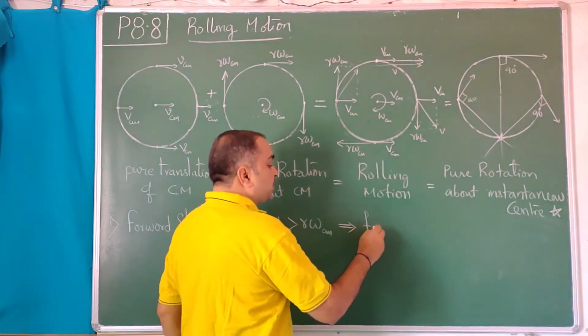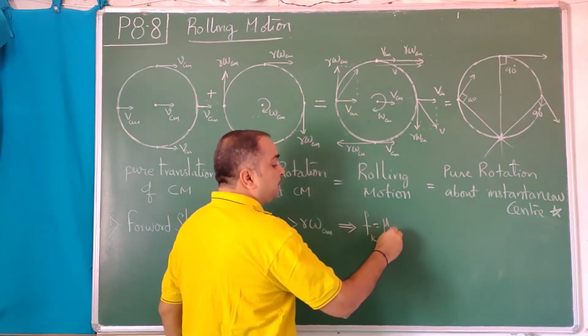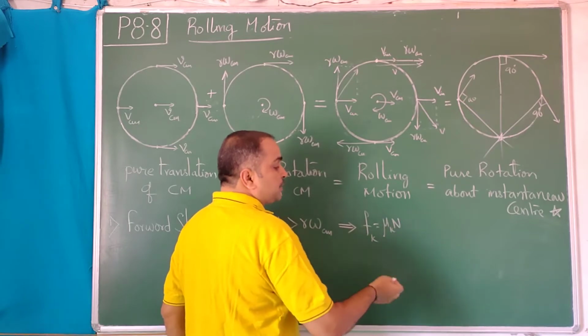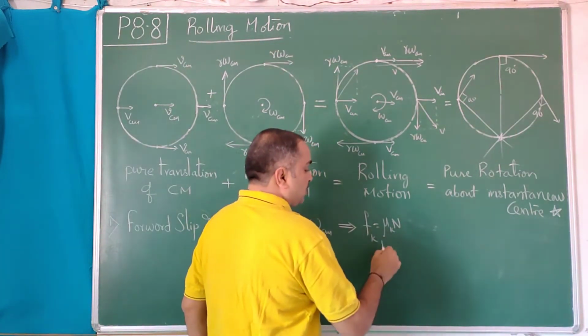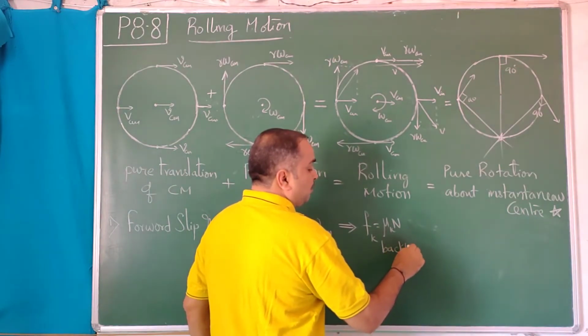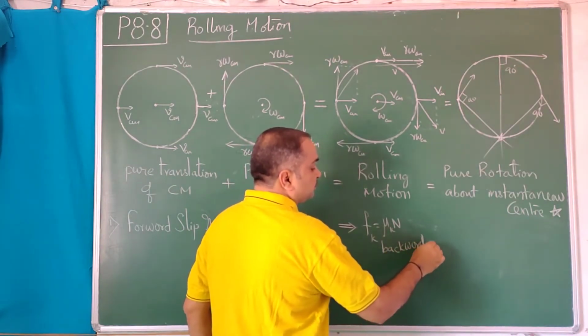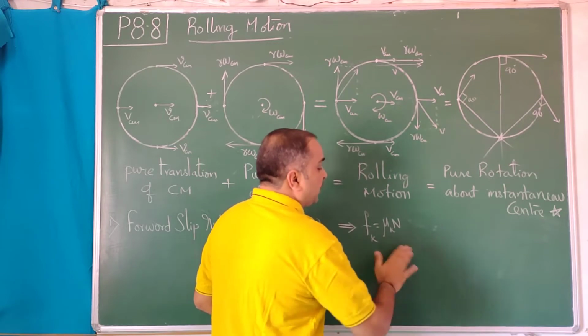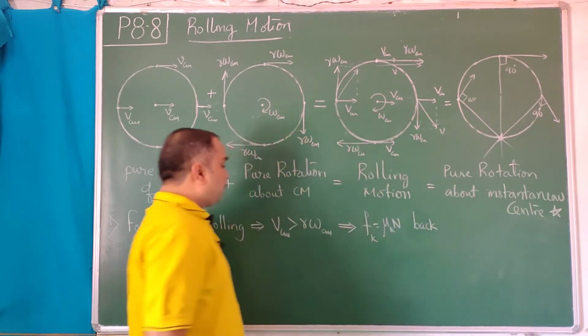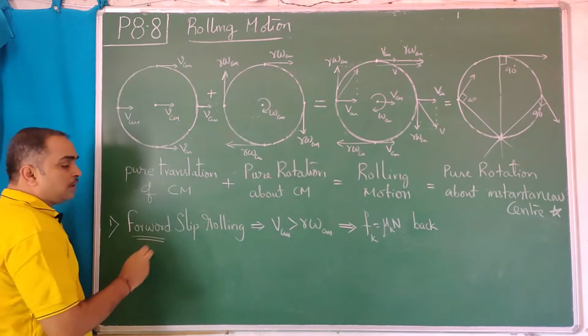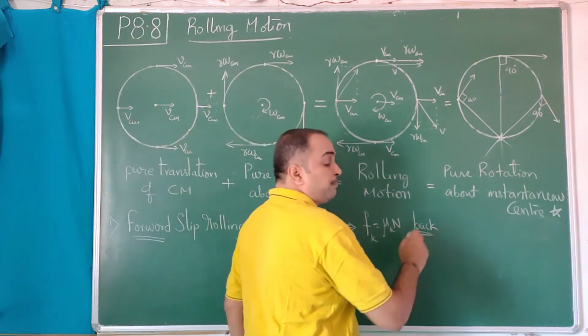So a kinetic friction equal to mu kN acts backwards. Place is not sufficient, okay, I'll write it here only. Slip is forward, kinetic friction will be backward.